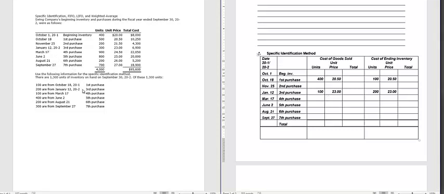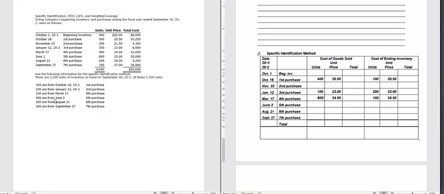Okay, next, the fourth purchase. We still have 100 of those. So 100 units from the fourth purchase are $24.50 each. And then the number of units we purchased were 900. So if we still have 100, we must have sold 800.